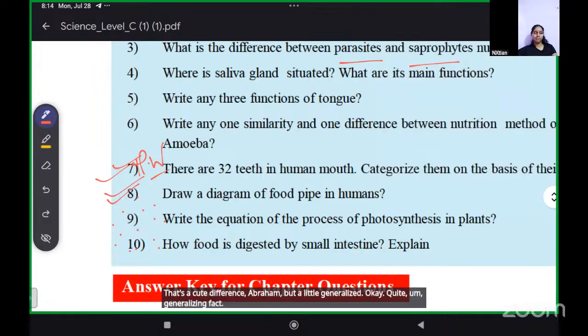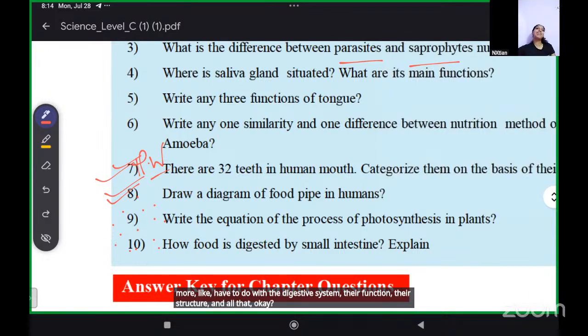It is a difference, but more like you have to do with their digestive systems, their functions, their structure and all, okay?